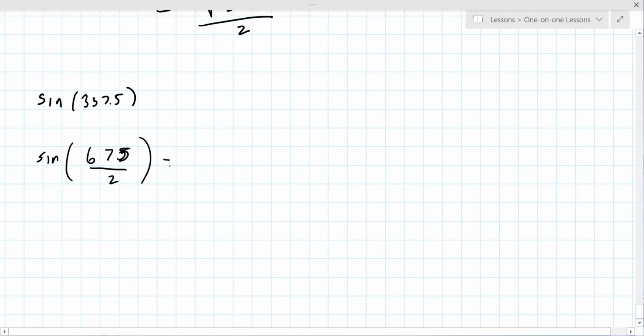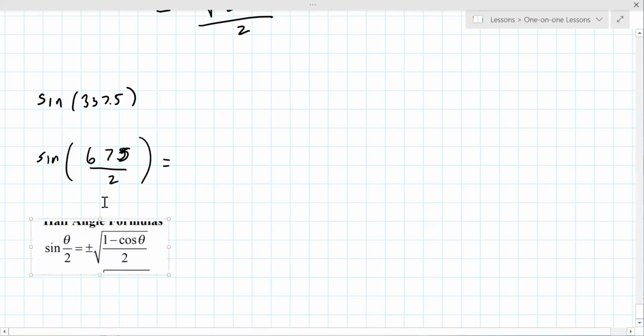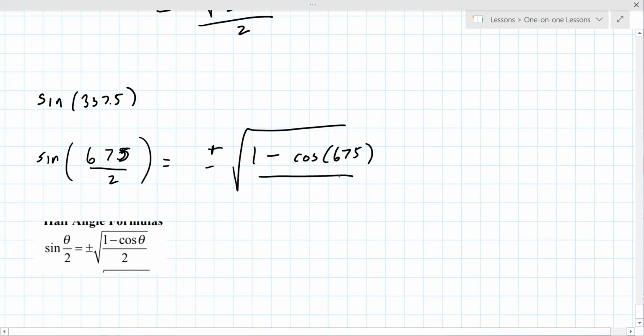It's the same formula as before. Your theta is this top number. So it's plus or minus the square root of 1 minus cosine of 675 over 2. But where is cosine of 675? 675 minus 360 equals 315 degrees.